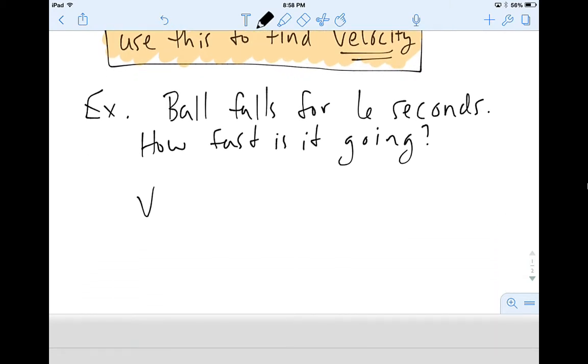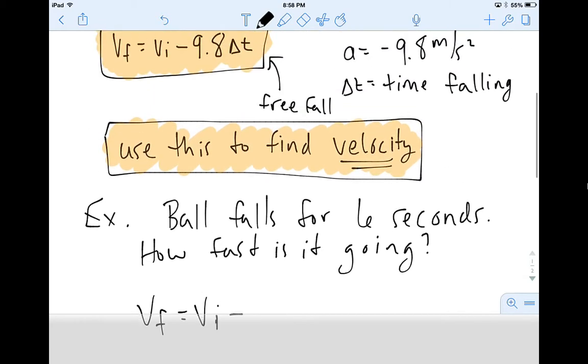Well, we're trying to find VF. We'll take VF equals VI plus, or excuse me, that's minus. Remember, that's minus, we're looking right here.